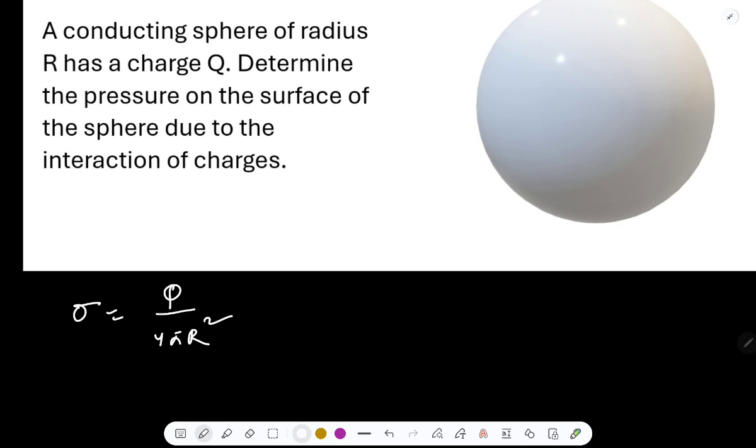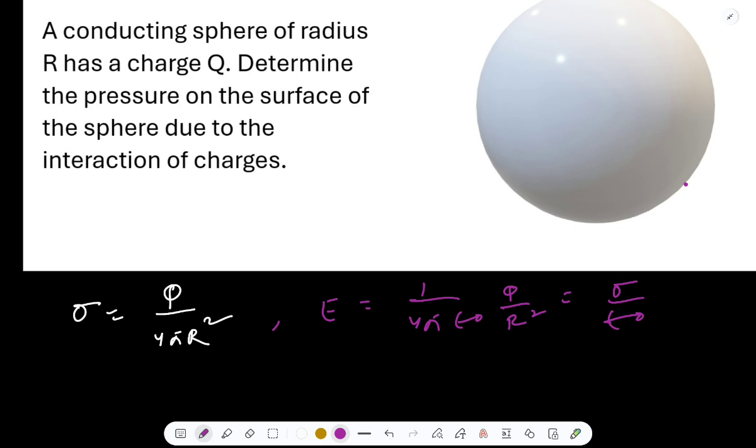And if you want, you can also find the electric field at a point on the surface of the sphere or just outside it, at a very small distance from the surface. You can write the electric field simply as 1 upon 4 pi epsilon naught q by r square, and that is nothing but sigma by epsilon naught. You can see here.